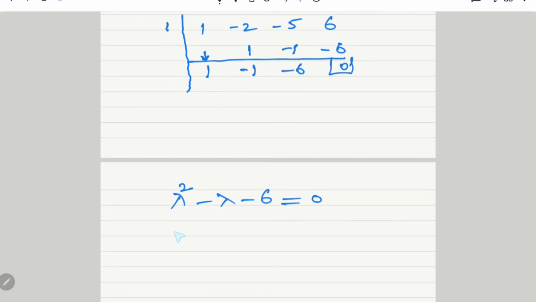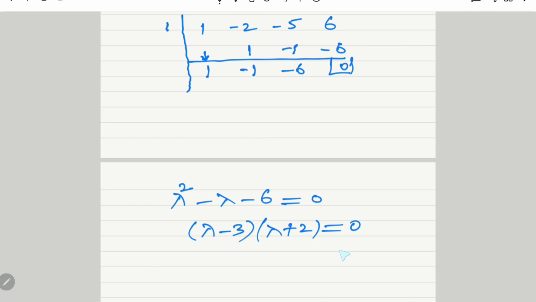is equal to 0. Finding the factors of this, the sum must be minus 1 and the product must be minus 6. Therefore lambda minus 3 and lambda plus 2, the product is minus 3 into 2 is minus 6, and minus 3 plus 2 we get minus 1.